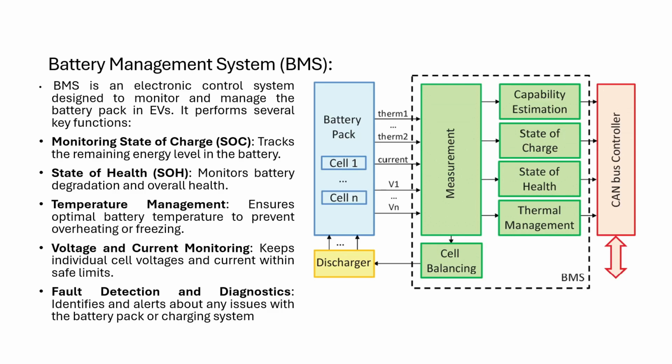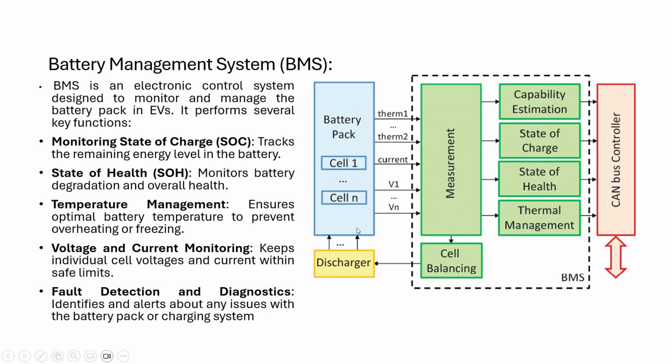Battery Management System, or BMS, is an electronic control system which is designed to monitor and manage the battery pack in an electric vehicle. It performs several key functions. Those key functions are performed by using the measurements taken from voltage, current and thermal readings from the battery pack.